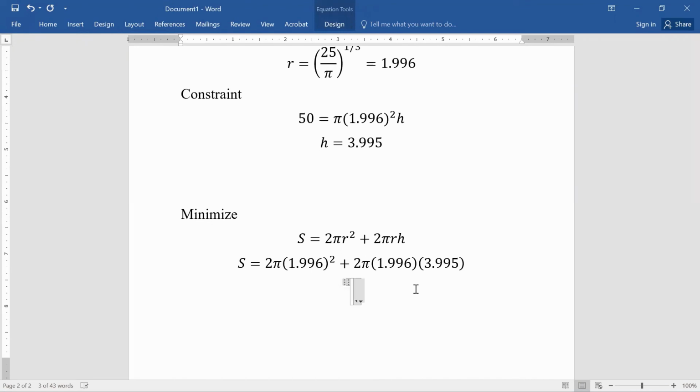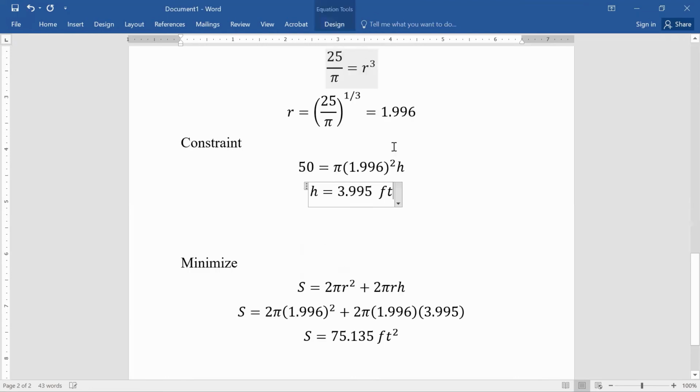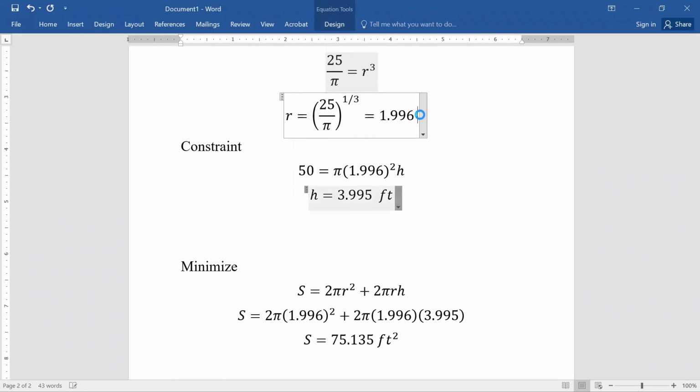You can plug that into your calculator and you get a surface area of approximately 75.135. Now that's a surface area, so that would be in square feet, whereas the height would have been in feet and the radius would have also been in feet.